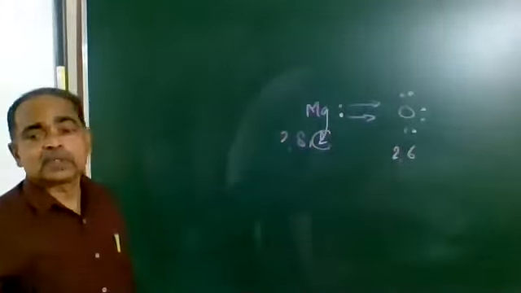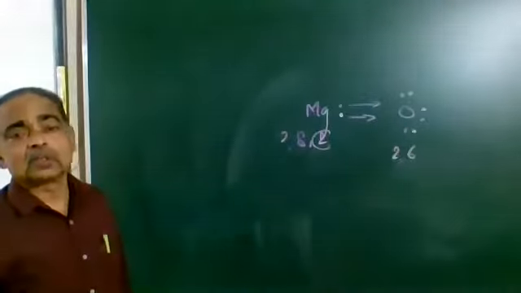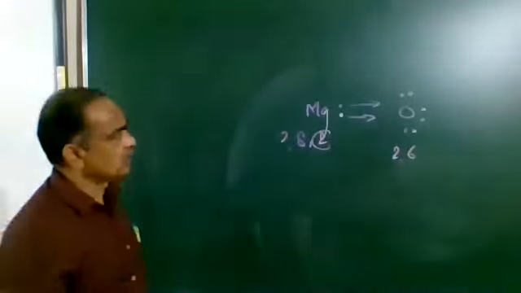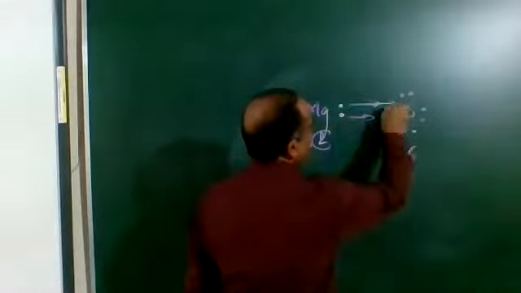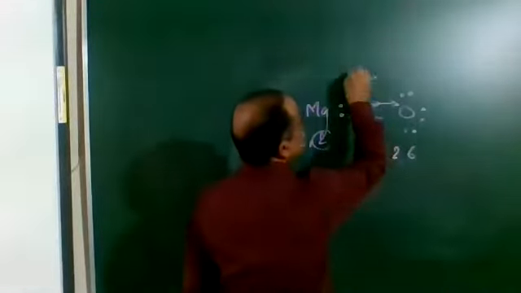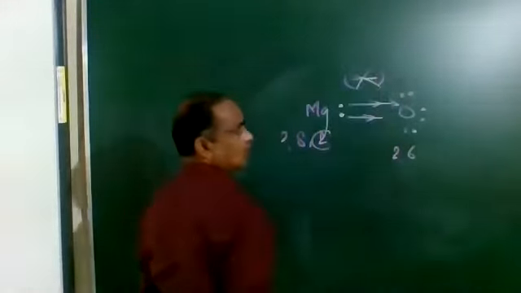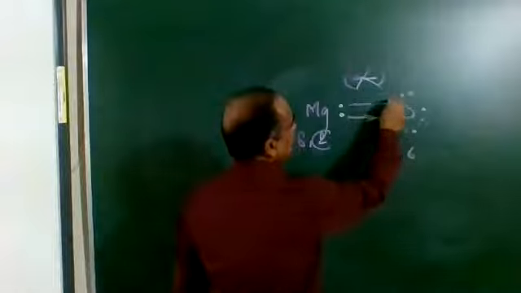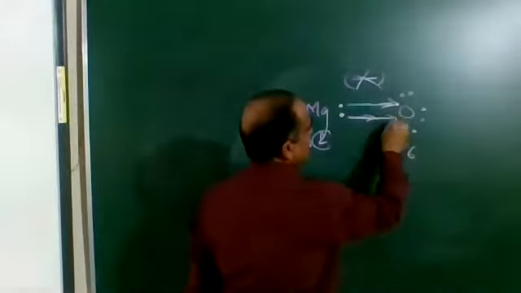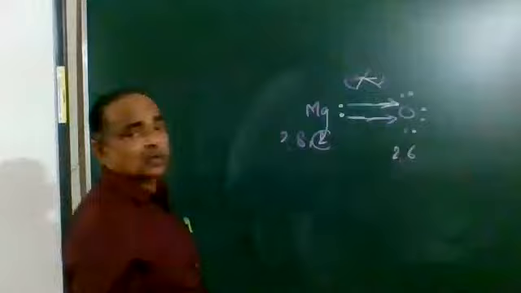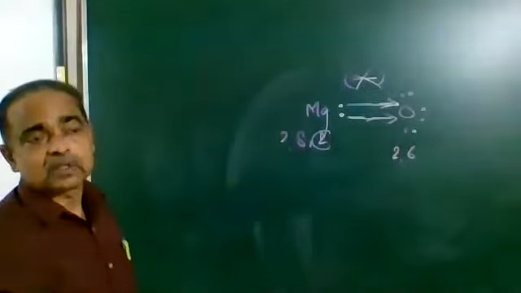All the orbits which are completed we need not show; we show only the valence shell, that is enough. So what happens? These 2 electrons of magnesium are transferred to the oxygen. Now remember, if you show only this line, it will be marked wrong. The transfer must be shown by arrows: magnesium transfers one electron to the oxygen, and the next electron to the same oxygen. And this is the magnesium oxide formation.